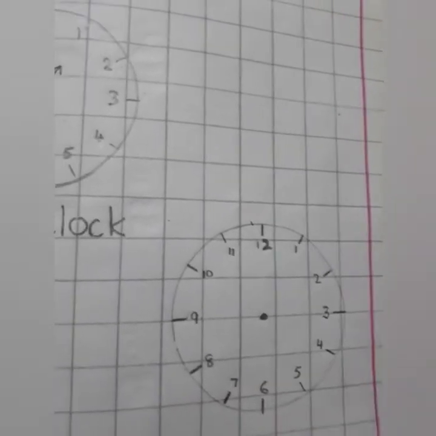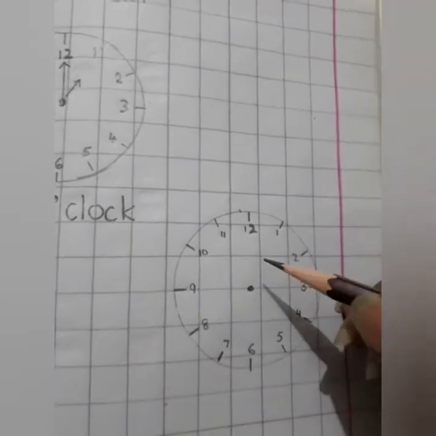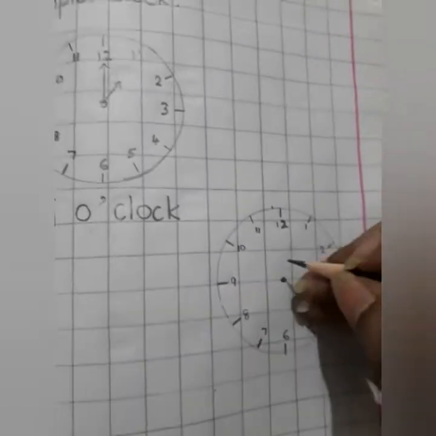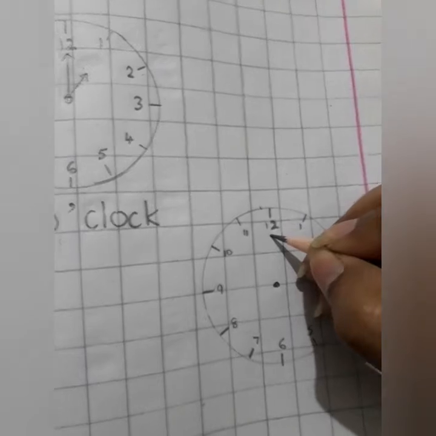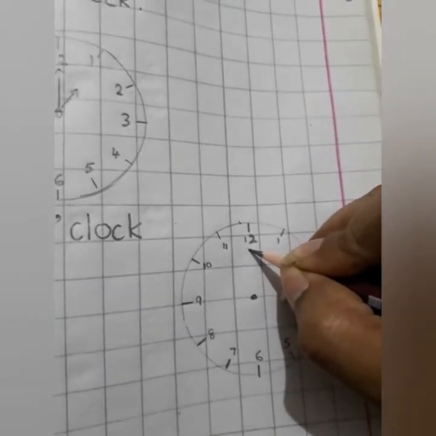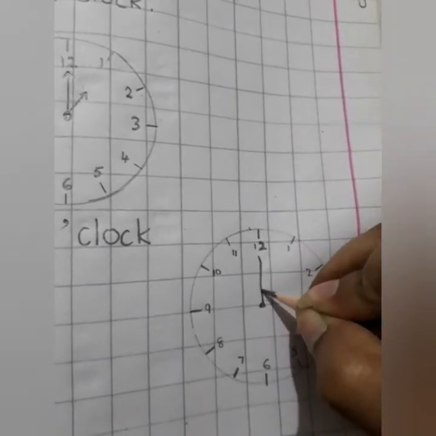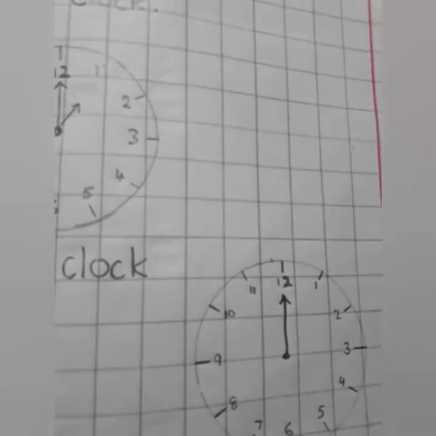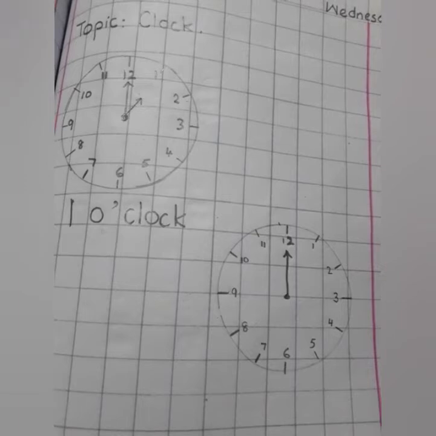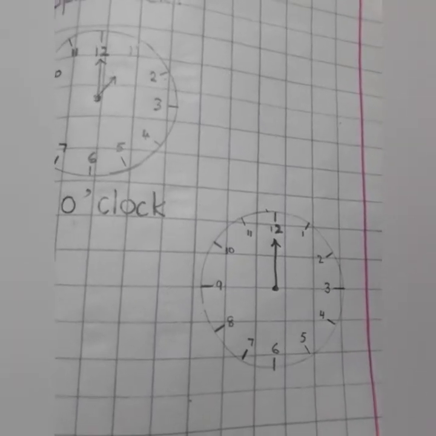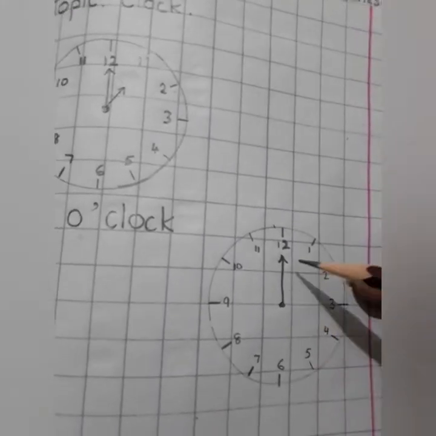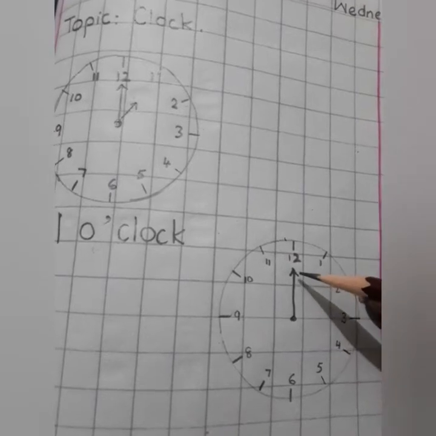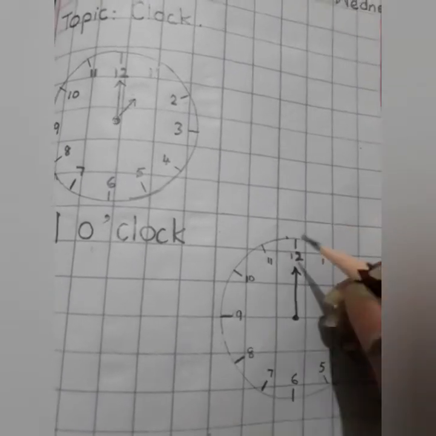Over here I have not drawn the hands, the bigger hand and the small hand. For some days, while we learn how to write the time and how to tell the time, we have to keep the bigger hand fixed on number 12. Fine.